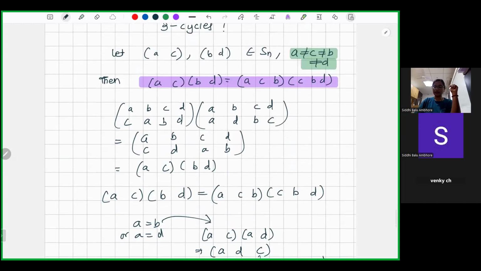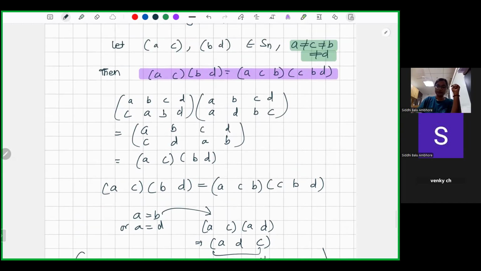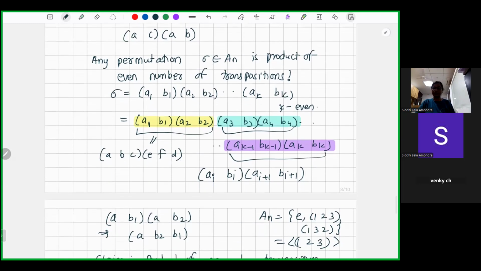So when I write this, A1, B1, A2, B2, I am actually writing A1, B1, A2, and B1, A2, B2. We are just expressing each tuple of that kind.